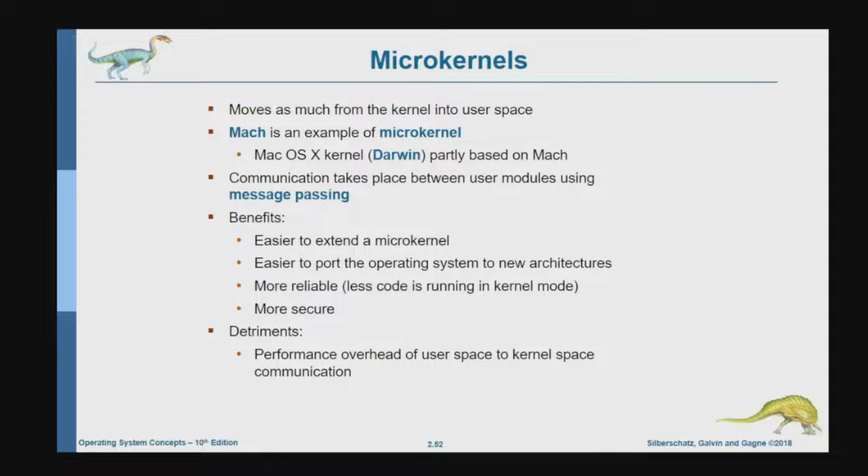It is easier to port the operating system to new architectures, more reliable, less code is running in the kernel mode, and more secure. Okay, this one refers to the operating system based on Mach. The drawback is the performance overhead of user space to kernel space communication.